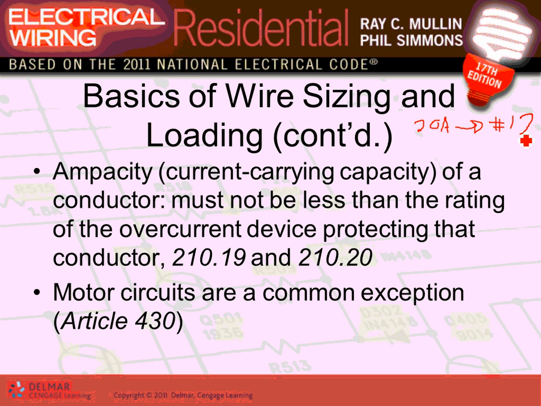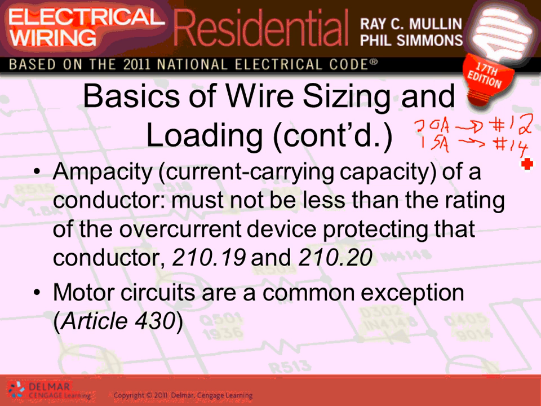And we haven't started circuiting, but in the NEC code book, branch circuits, guys, if I have a 15 amp circuit breaker, I can't land on it more than number 14. 14 is a wire gauge. So the conductors have to be protected from overcurrent based on their ampacity. The ampacity of number 14 will limit it to 15 amps. The ampacity of number 12 will limit it to 20 amps.